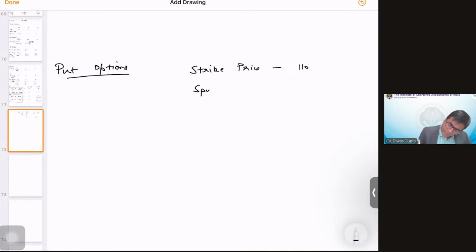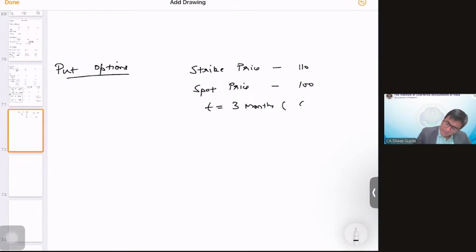Spot price is, let's say, 100. The current price at which the shares are trading is 100. The strike price in case of a put option will mean what? The price at which the underlying can be sold. Correct? That is the strike price. Time to expiry is equal to 3 months.